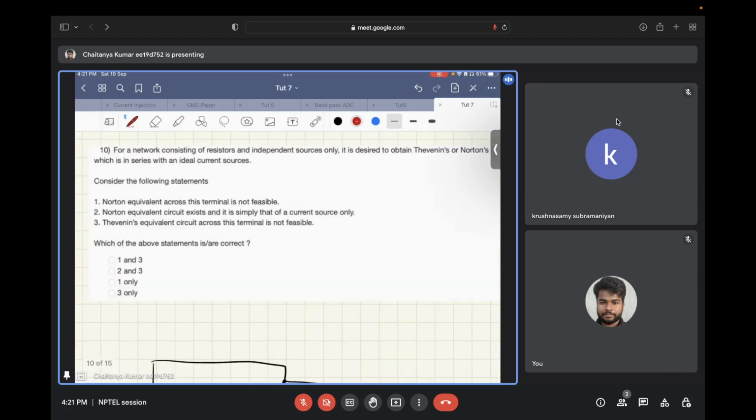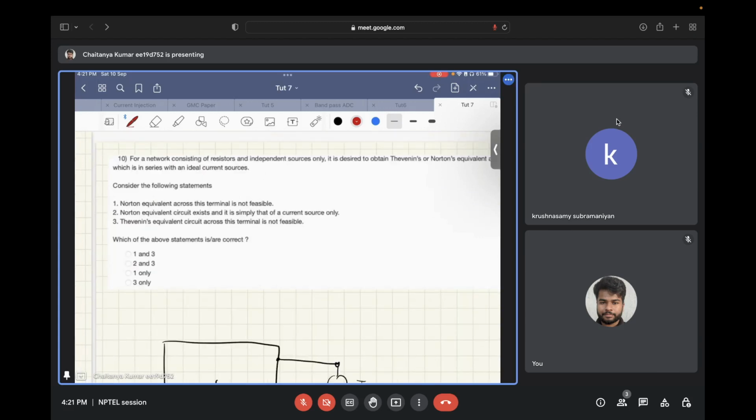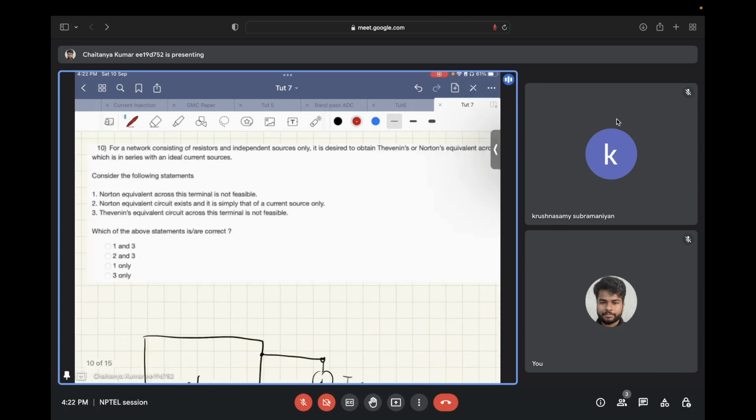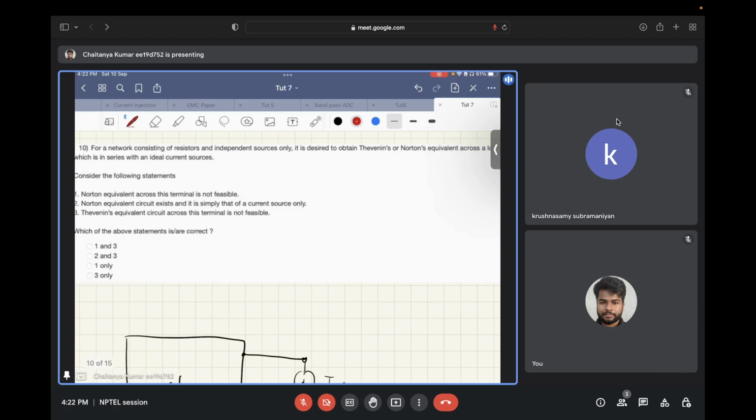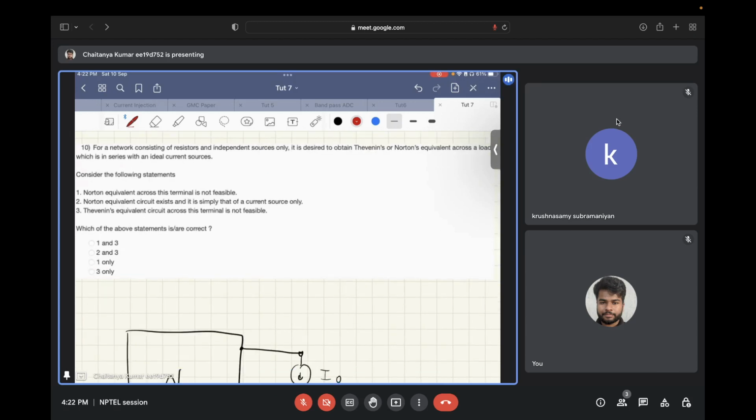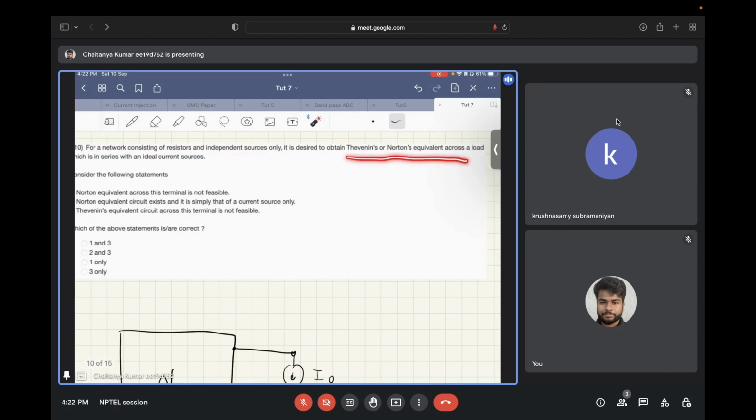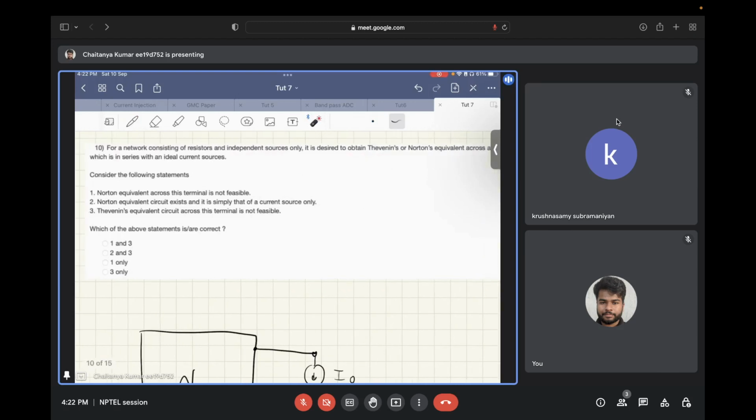So we have a bunch of statements, and we need to tell which of the following statements are correct. What we have is, for a network consisting of resistors and independent sources only, it is desired to obtain Thevenin or Norton equivalent across a load which is in series with an ideal current source.